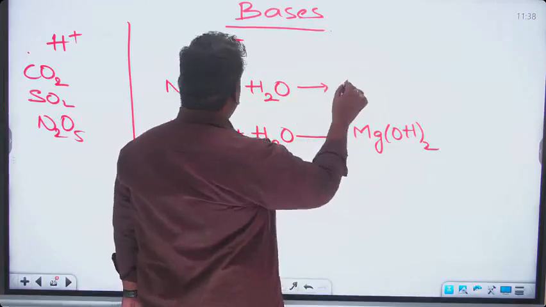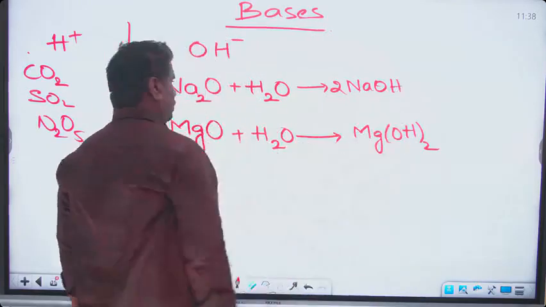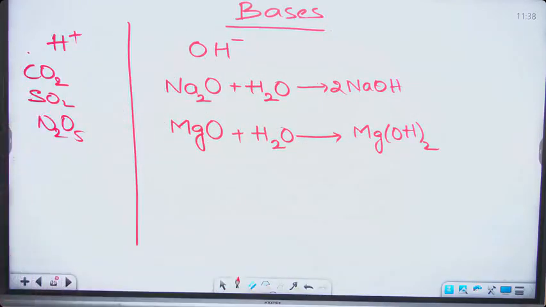Mg(OH)2, or else 2NaOH. Bases are formed when metallic oxides react with water. For example, sodium oxide reacts with water to give 2NaOH.